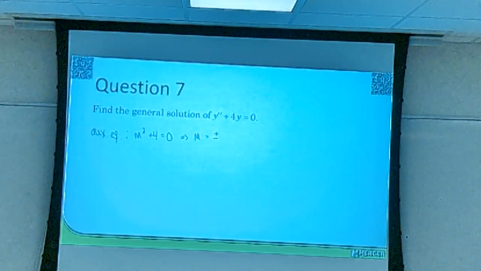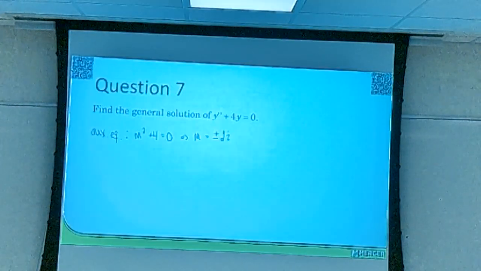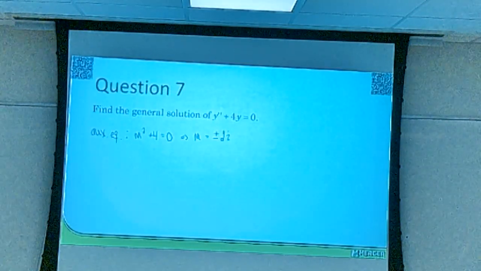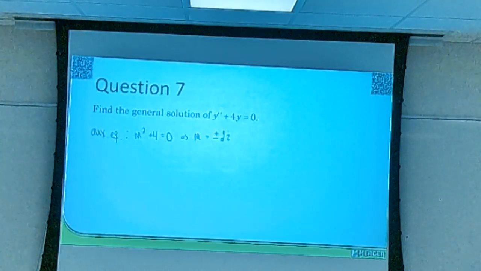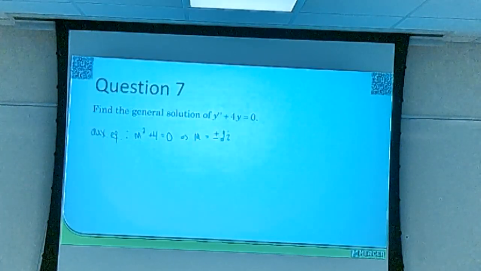So plus or minus 2i. What's the real component? What's the imaginary component? What's the real component? 0. Because that can be written as 0 plus 2i.